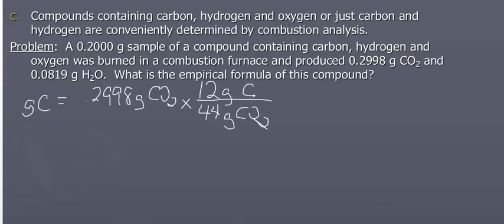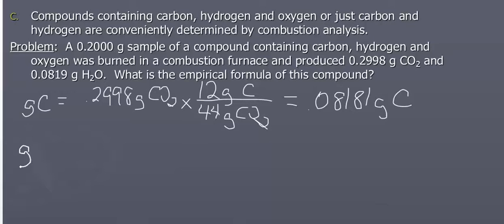So this particular ratio, 12 over 44, holds true every single time. So this is going to tell me how much carbon was present in the original substance. 0.08181 grams of carbon originally.